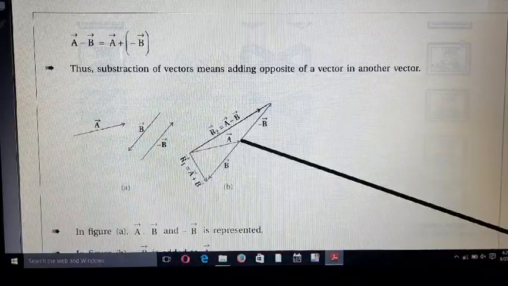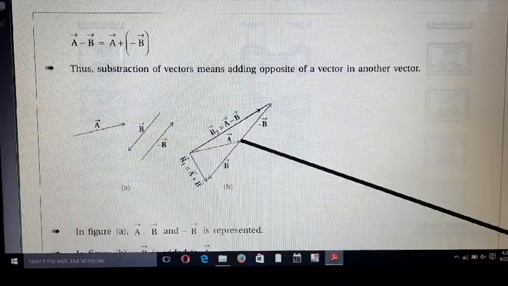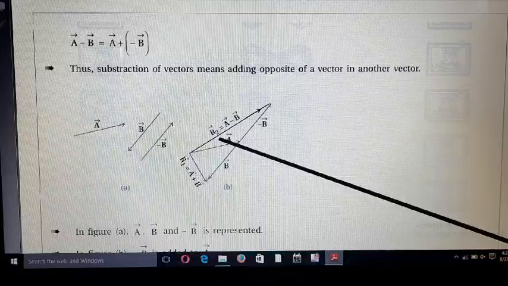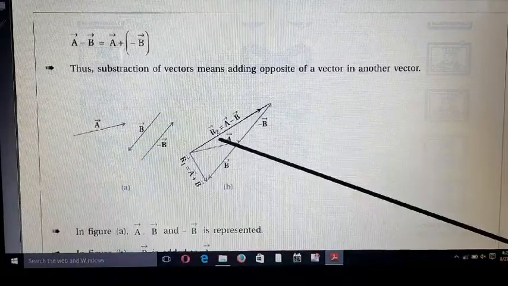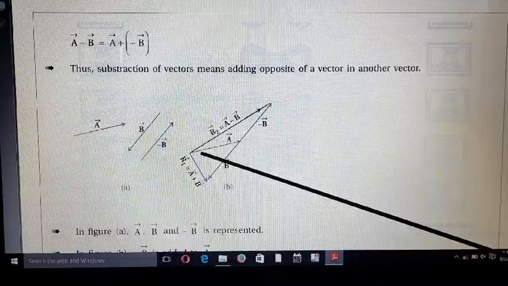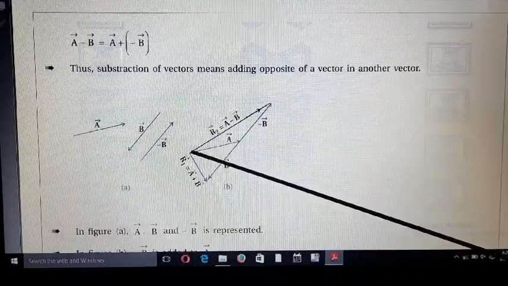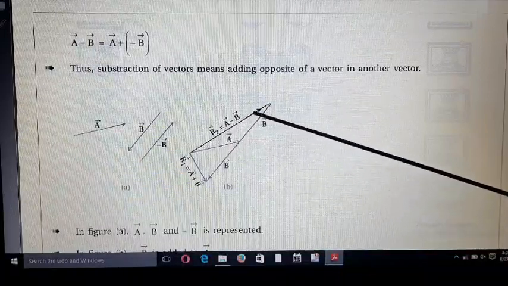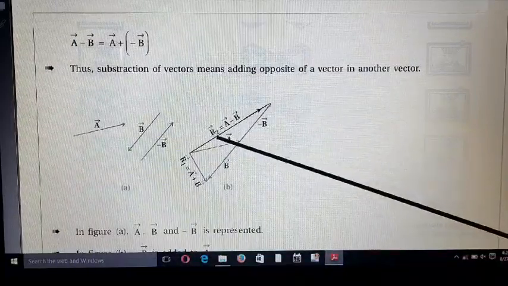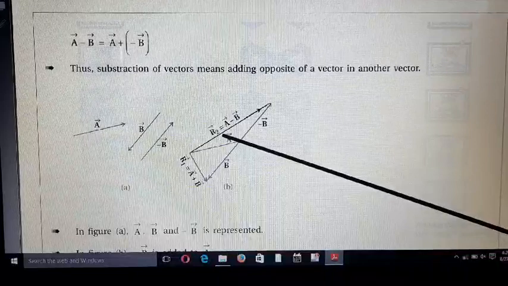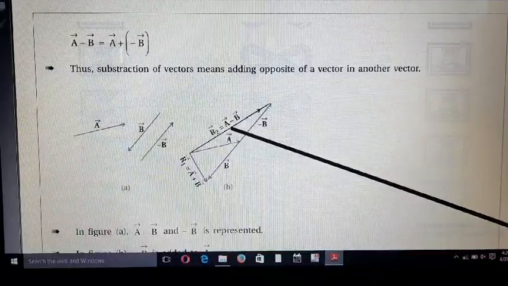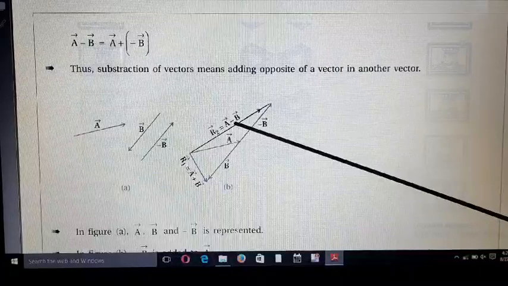And now we draw one line, meaning the resultant vector. Where to where? Tail of the vector A to head of the vector minus B. It is denoted by R2. Vector R2 is equal to, here we can write, vector A minus vector B.